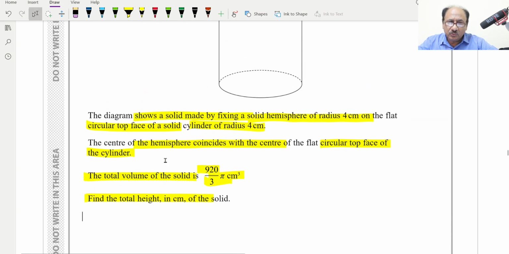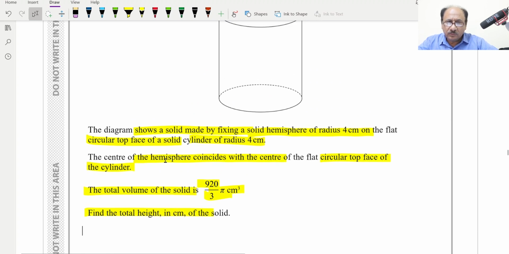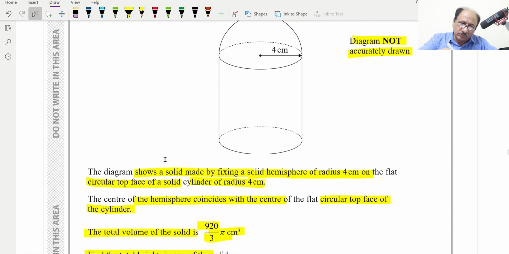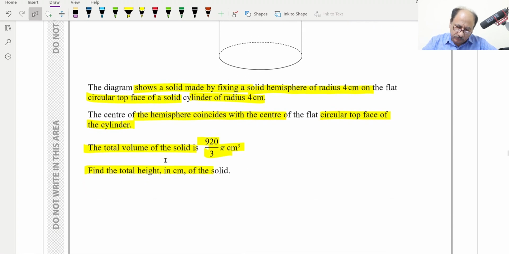So we know the formula for the cylinder. Volume of cylinder is equal to pi r squared into h.